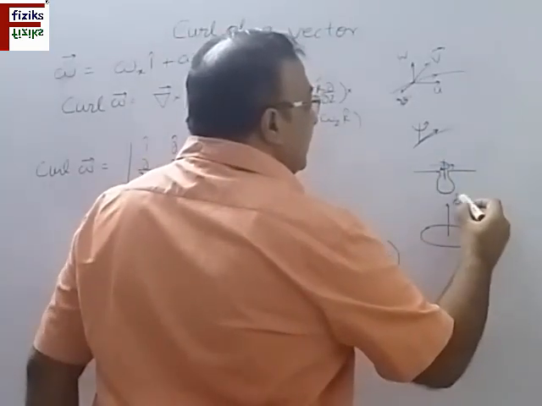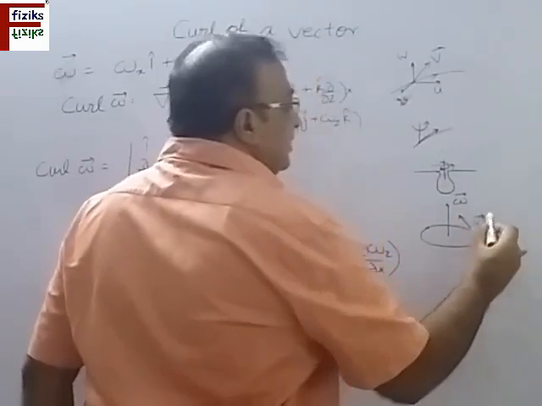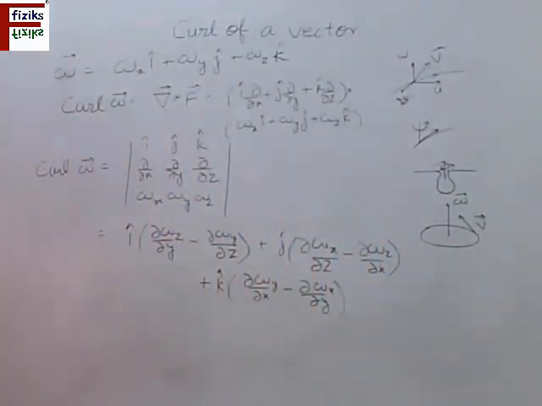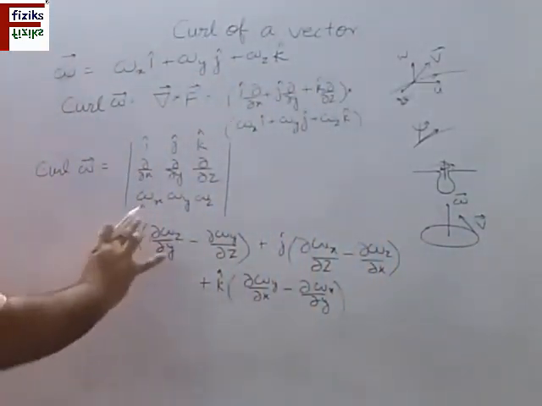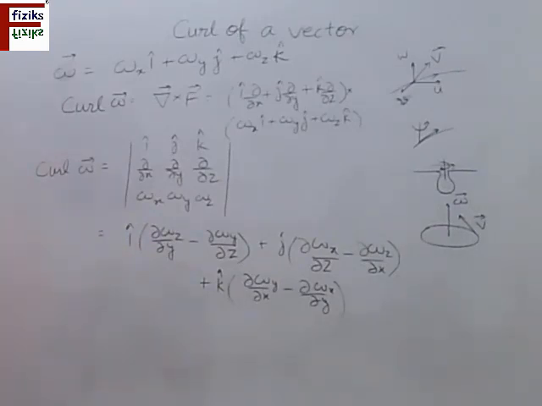So this is the angular velocity and this is the linear velocity. So this is the meaning of curl, and after this we will be discussing the physical importance of the curl.